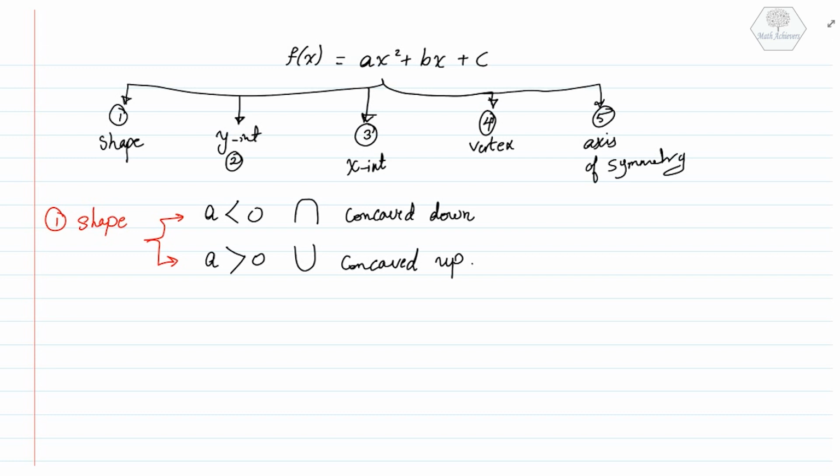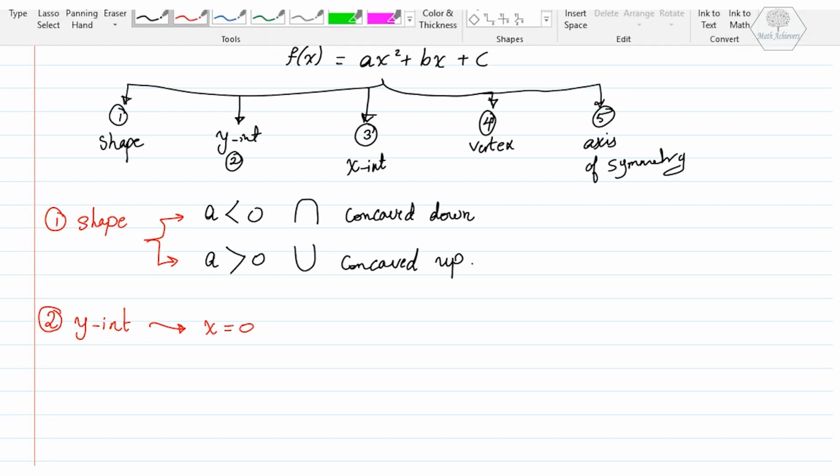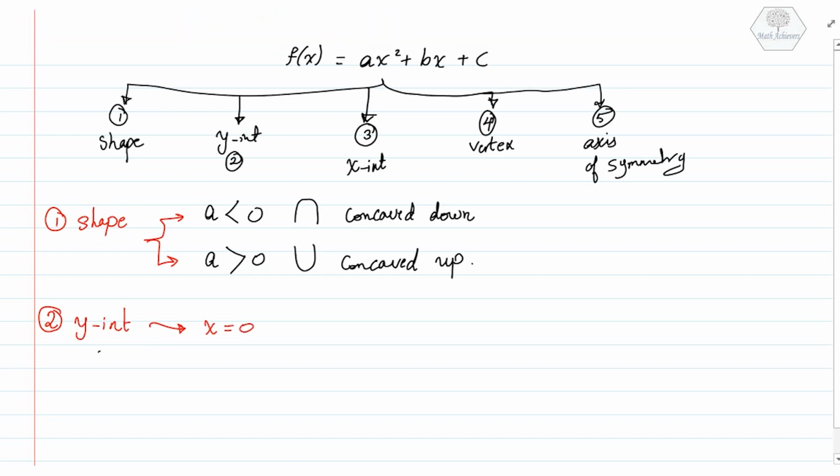Number 2, we'll take the y-intercept. How can we find the y-intercept? We always find the y-intercept when x is equal to 0. So to find the y-intercept, I simply need to find f of 0, or substitute x equal to 0 in the function.